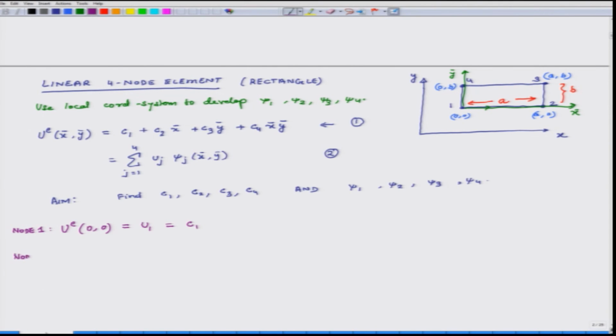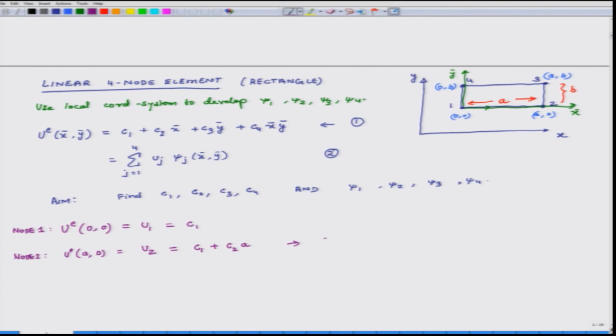Then for node 2, the value of u at A, 0 equals u2, and if I use equation 1, then this u2 equals C1 plus C2 times A. The terms involving C3 and C4 will not appear because y bar is 0 at node 2.